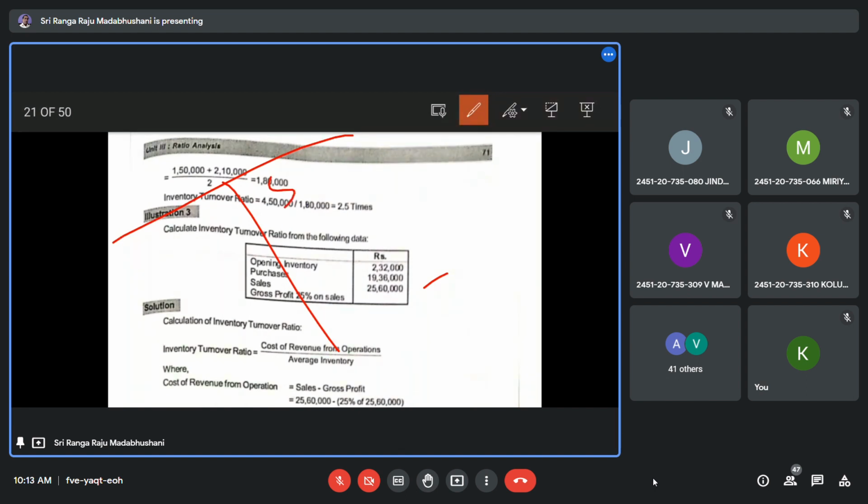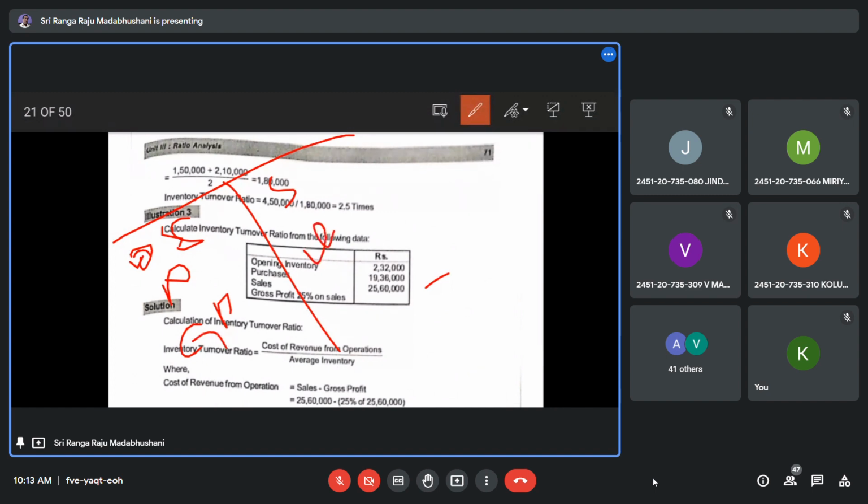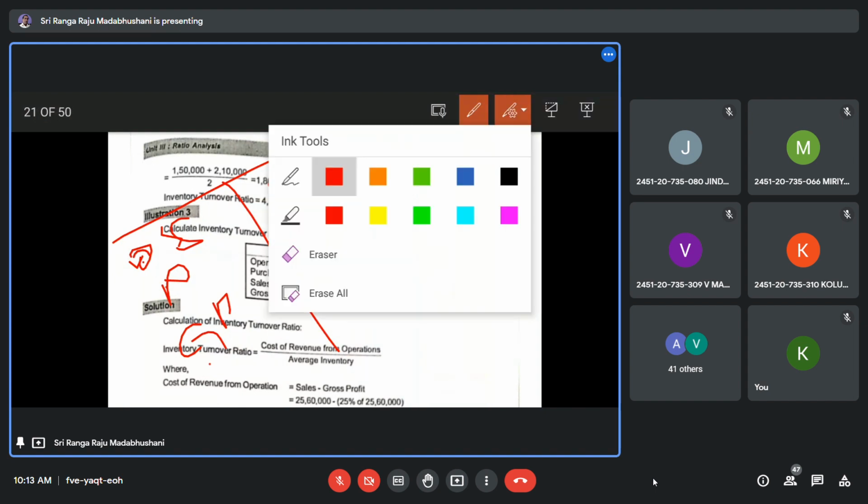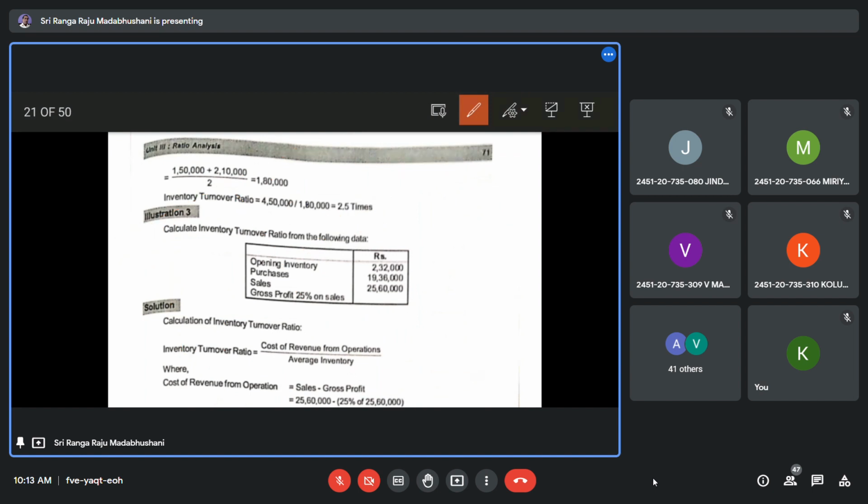Sales, opening stock, then purchases and gross profit you will take. Then from the difference you will find closing stock: opening stock plus purchases plus gross profit minus sales gives the closing stock.